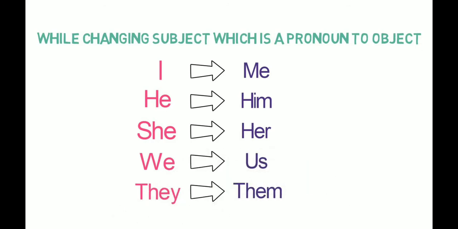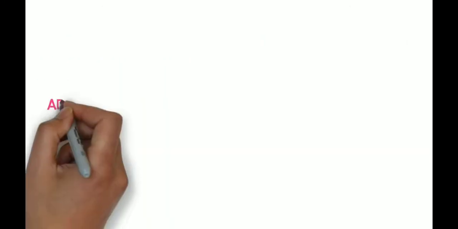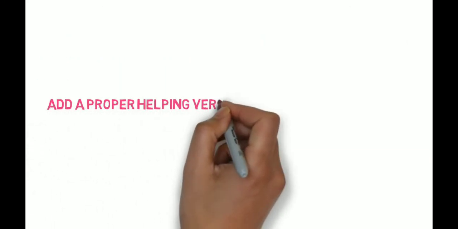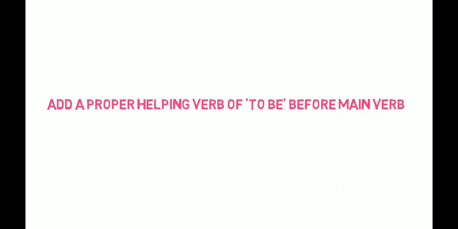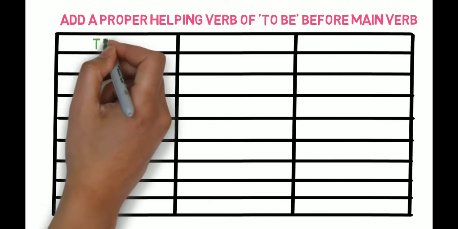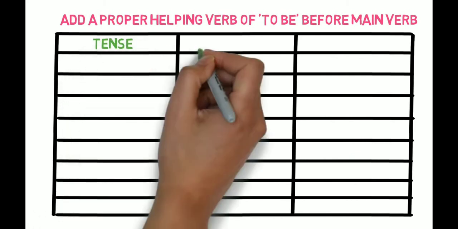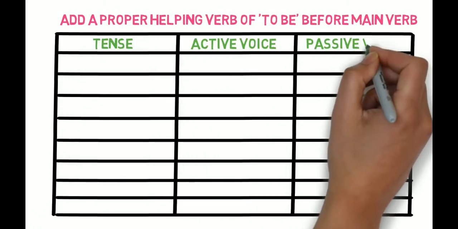Please remember this properly. Secondly, we need to add proper helping verb of to be before the main verb. This helping verb is decided based on tenses. With an example of main verb write, let's look into the different helping verbs as per the tenses one by one which we need to learn.